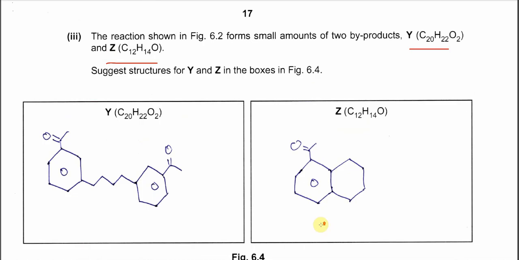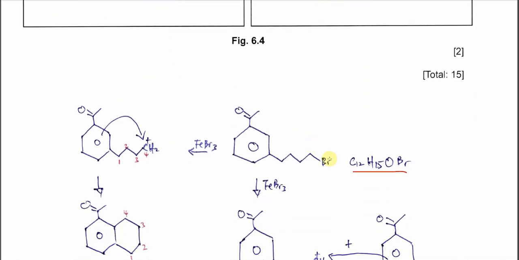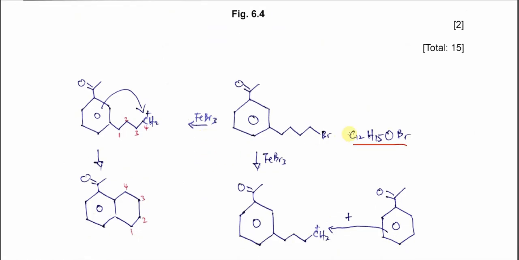And for the Z here, it is C12H14O. Then we need to compare. The product is this C12H15OBr.